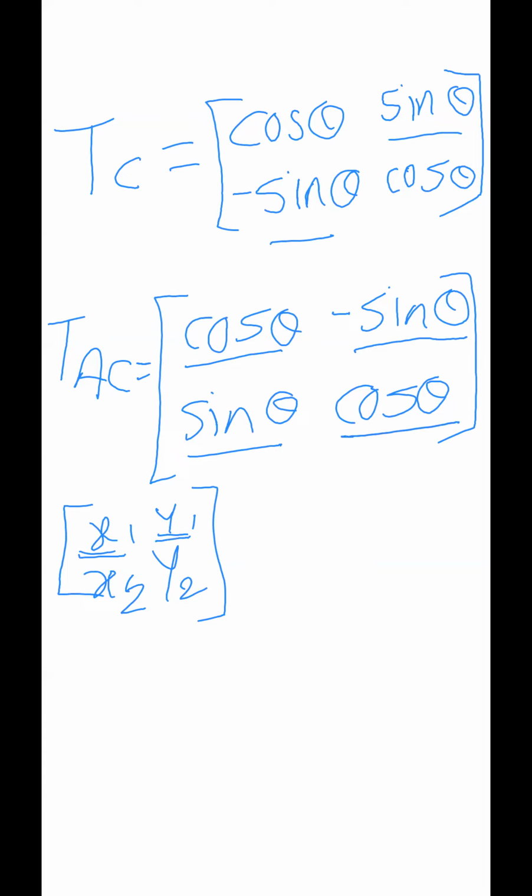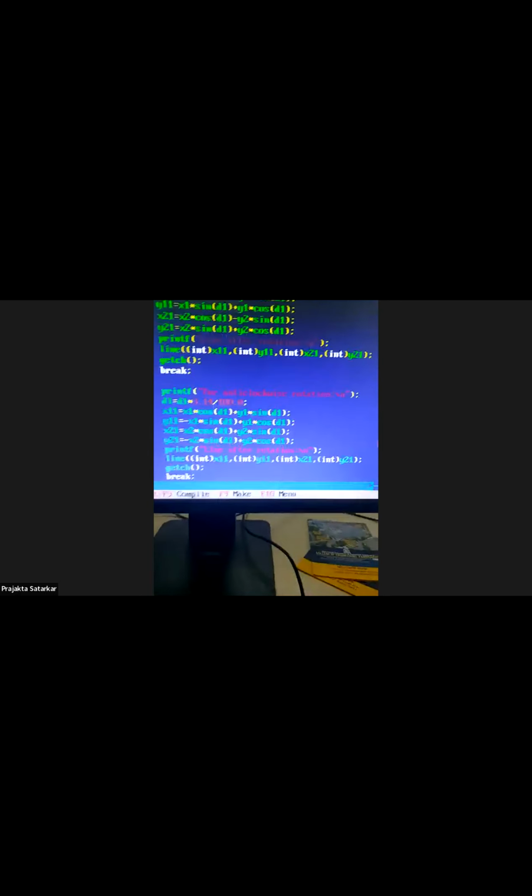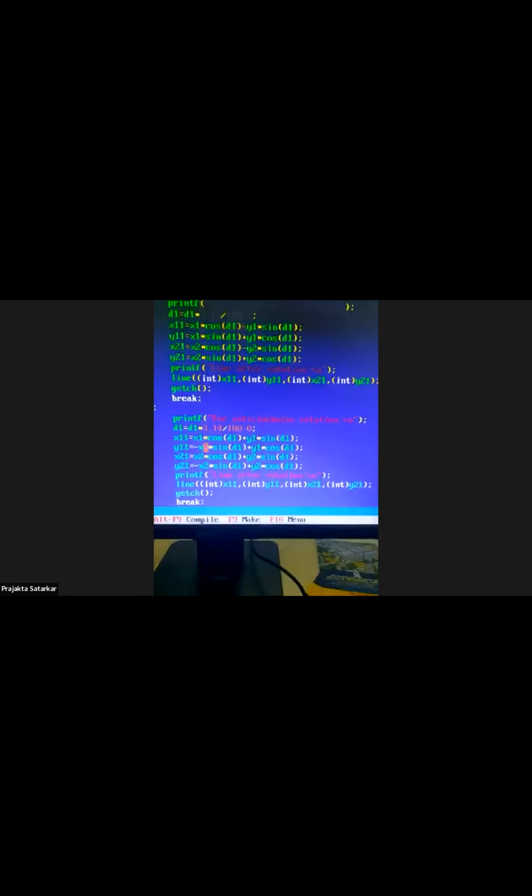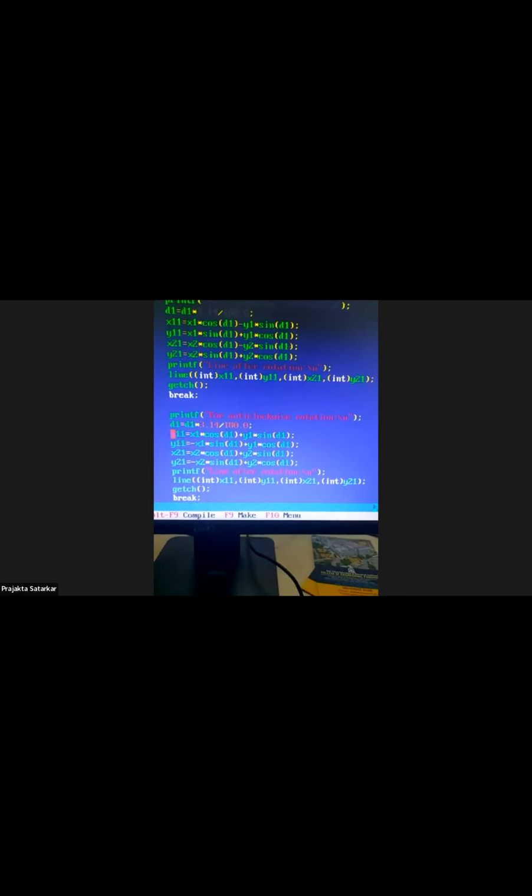And that's why we have taken it in that manner, if you remember. You can see here, we have taken minus x1 sin plus y1 cos. So that is the ultimate elements representing the final line. Okay now?